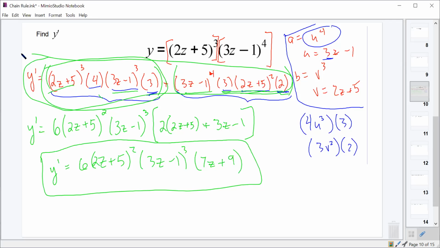No, you don't have to simplify. But for the context of the problem, you need to know how to simplify it down and factor it out. Does that make sense? Any questions there? Everybody okay with that or no?